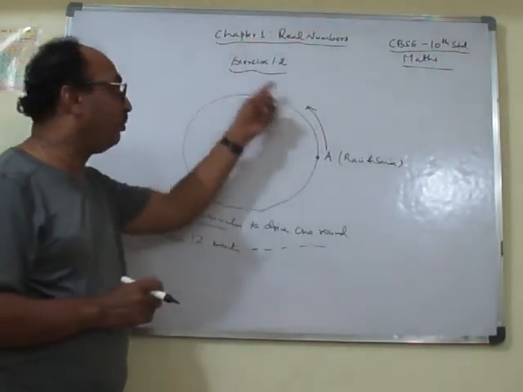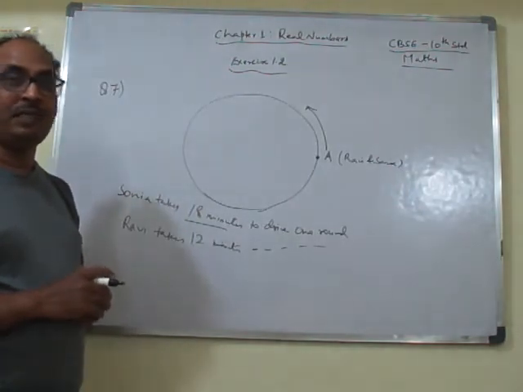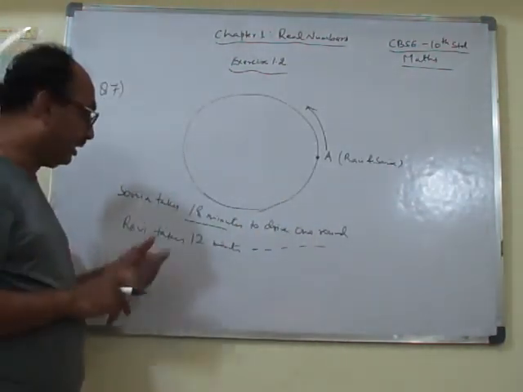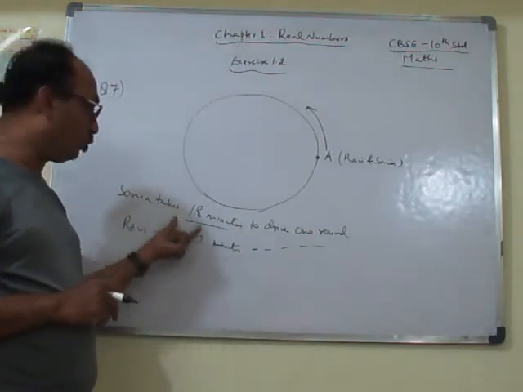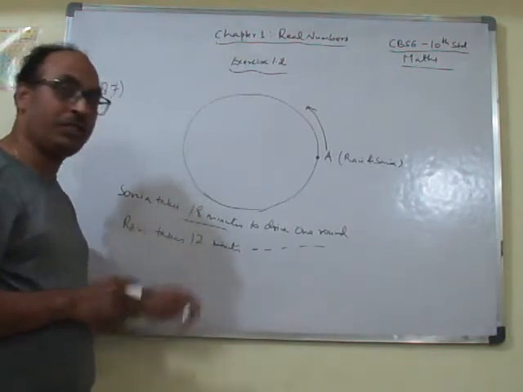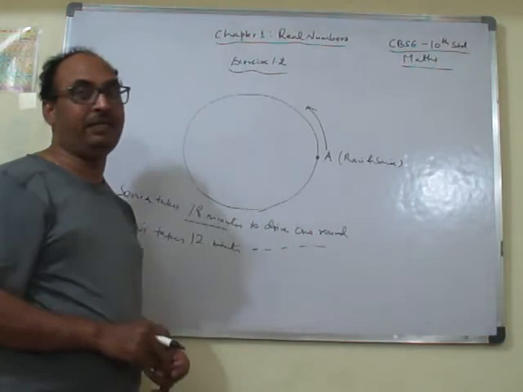Ravi started from here, he will be taking 12 minutes. Then again another round they have to go. It means the time when they will be meeting together has to be more than 18 and 12.